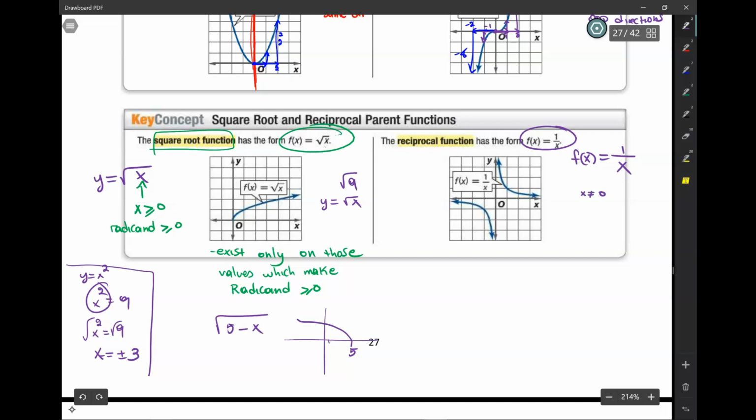Okay, fine. Okay, can I put values in here for x, which will make y positive? Any positive number. Okay, so can I put values in there for x, which will make y negative? Yeah, so y can be positive, y can be negative.